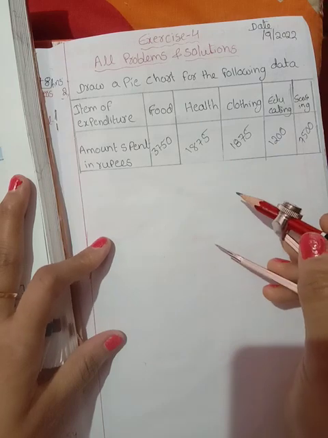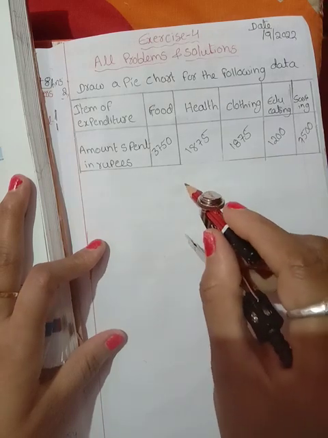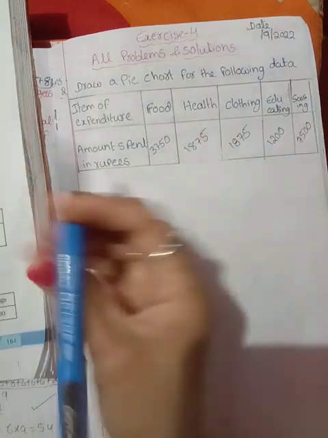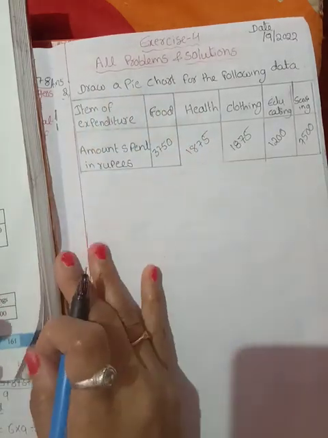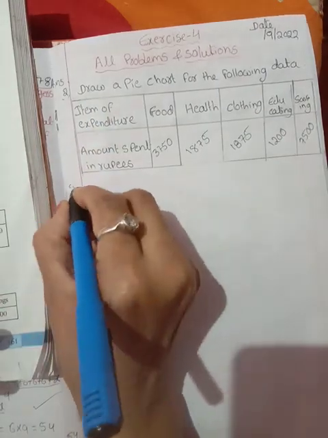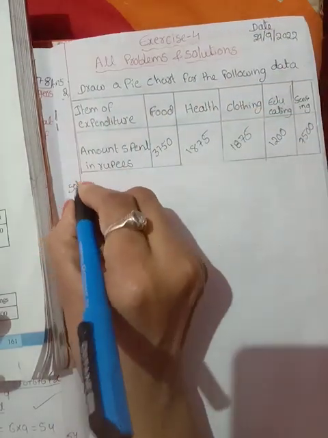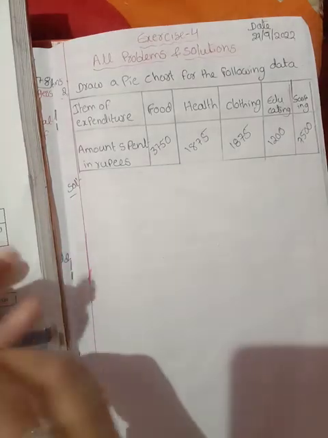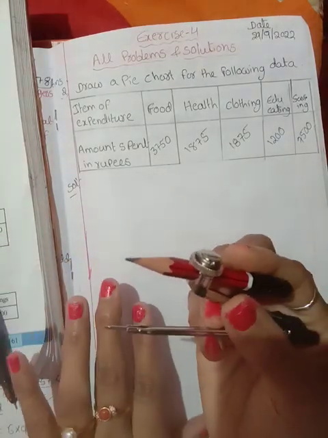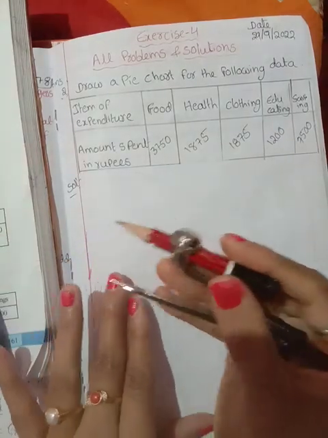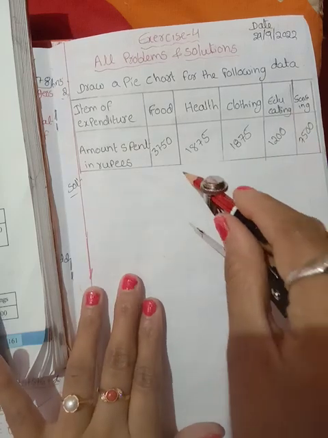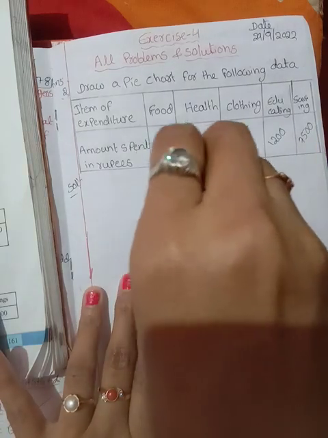You can write down the solutions. These are also notes, yesterday's second problem, Exercise 4, all problems and solutions. Today is the 29th date. Let us start with the solution. With a convenient radius you draw one circle only, so let us start with the pie chart.